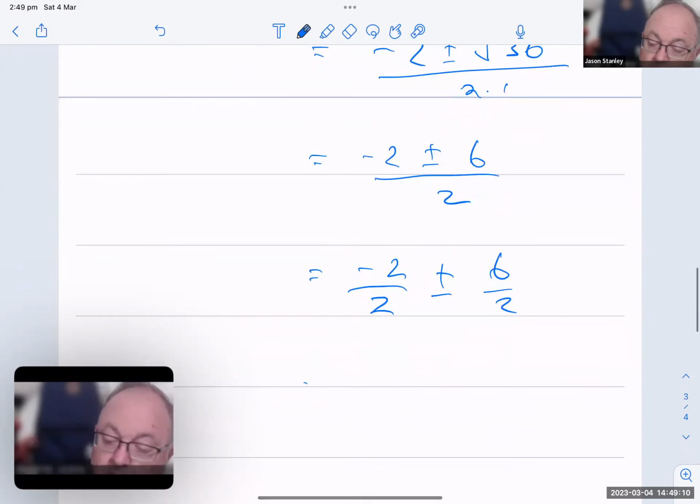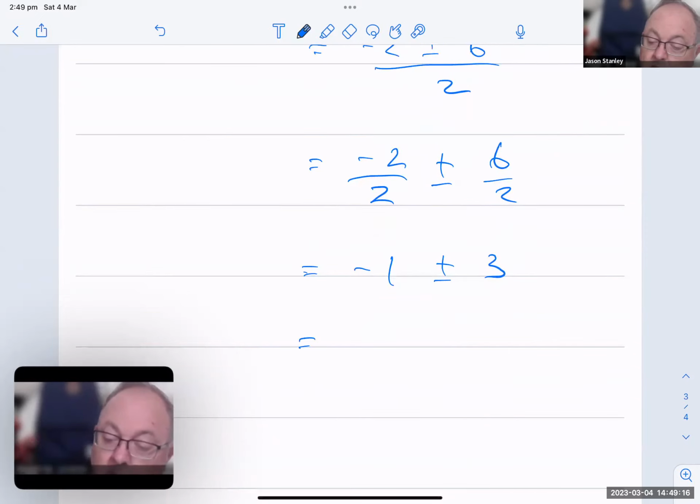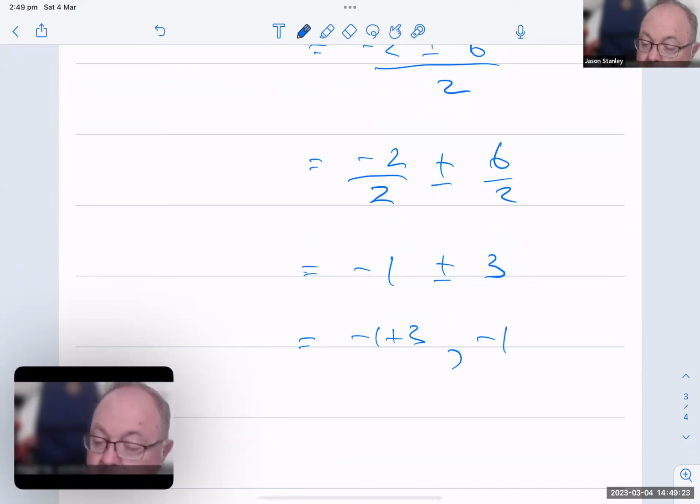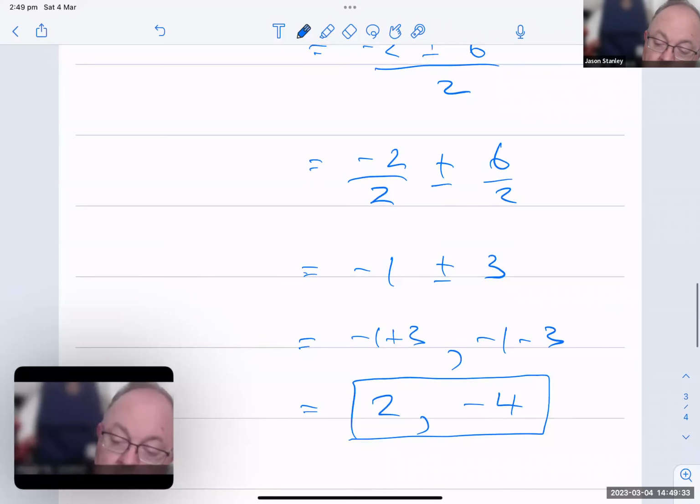Simplify it a little bit. How you do this last bit is really up to you. So we've got two things. We've got minus 1 plus 3, comma, minus 1 minus 3, as before. So minus 1 plus 3 is 2, minus 1 minus 3 is minus 4.